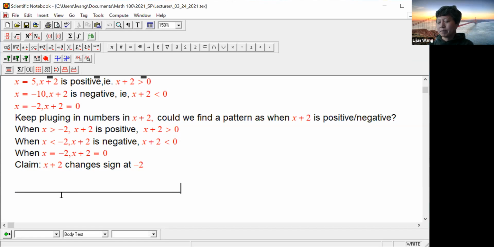This is a number line. And there's one place where the number is -2.